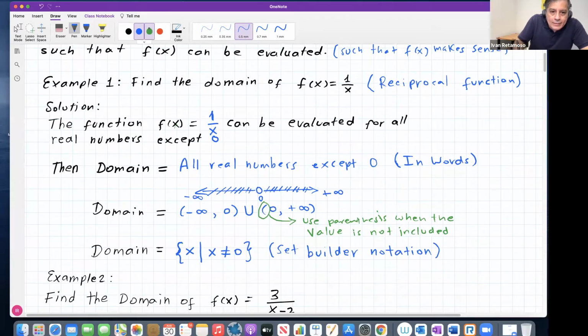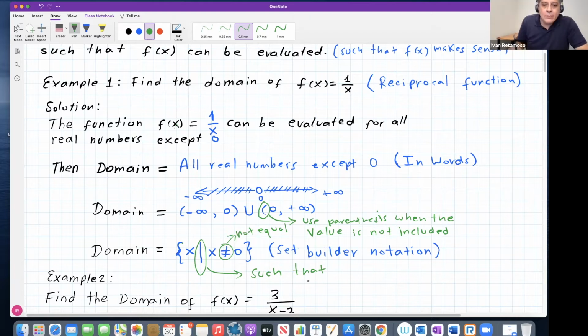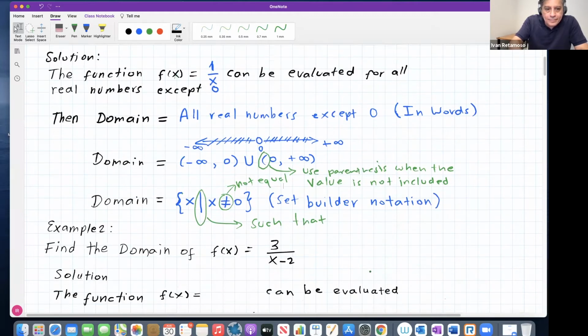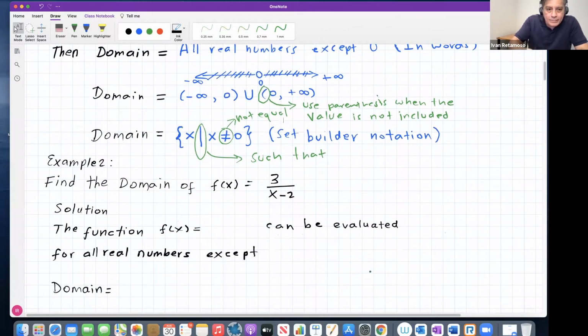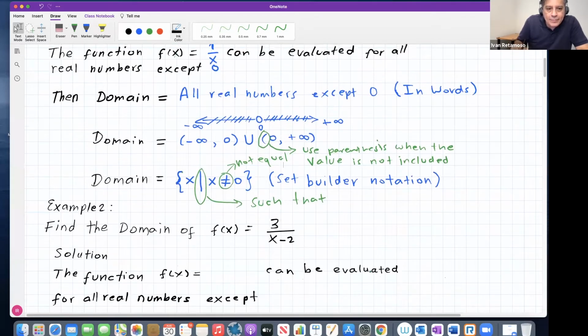This means such that, this equal with a slash, not equal, okay? Very good. All right, so three ways to express our domain, right? All right, now let's move a little bit farther. Example 2. Suppose they say, find the domain of this function f of x equal 3 over x minus 2.